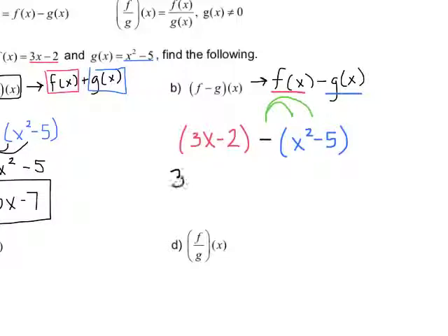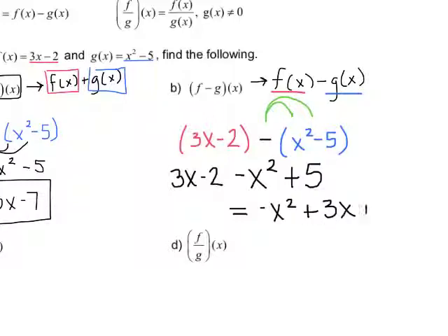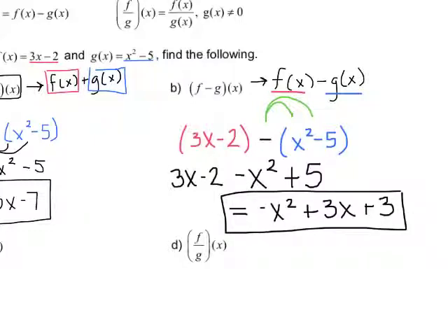I'm not changing that, but now I've got minus x squared, and that makes plus 5. Again, for a final answer, we'll write in descending order, combining the numbers negative 2 and 5. So negative x squared plus 3x plus 3. And that's it for question B.